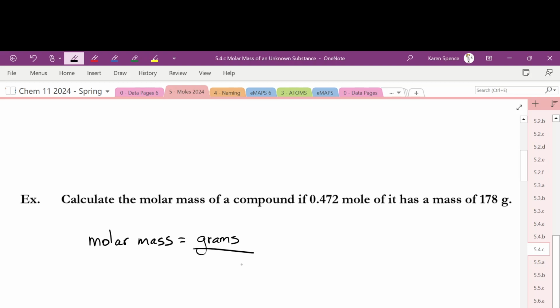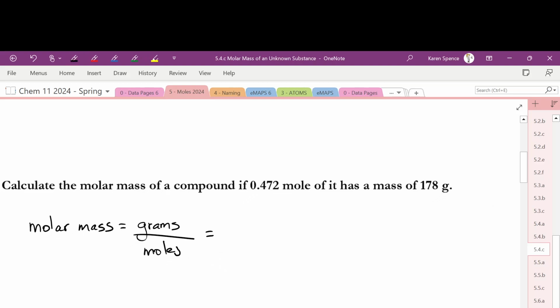Grams divided by moles. Do we have the grams? Yes, we do. 178 grams per mole. Well, how many moles? 0.472 moles.